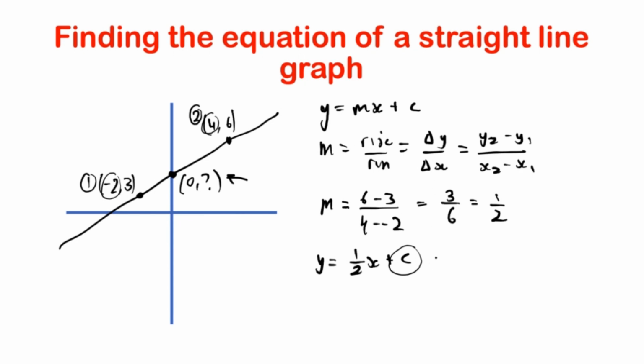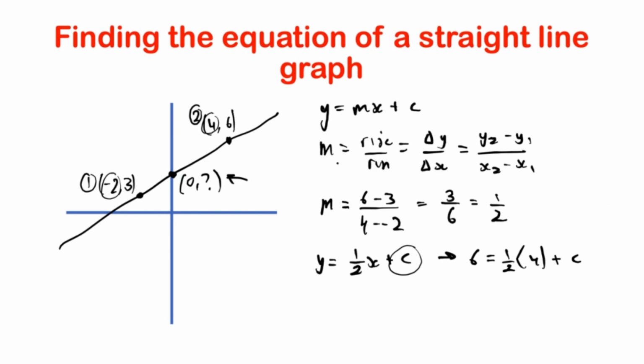There are 2 ways of doing this. I'll go with the easier way first. Take one of the coordinates; ideally all the numbers should be positive, which makes it easier. So 6 equals a half times 4 plus c. I take coordinate number 2, point number 2.